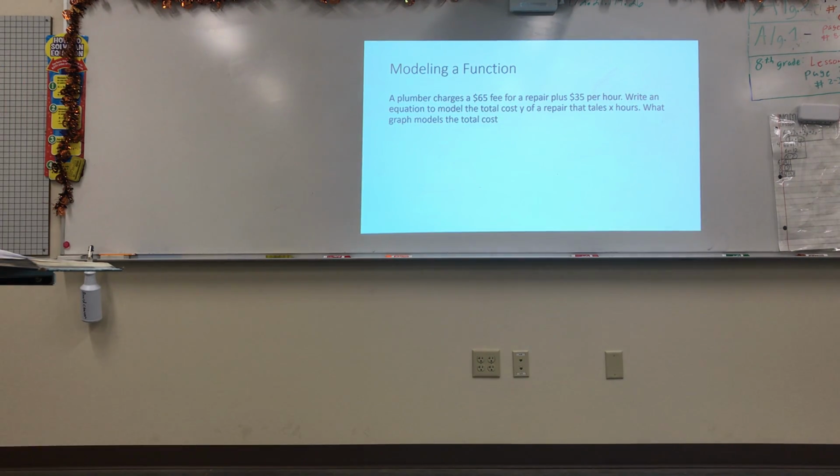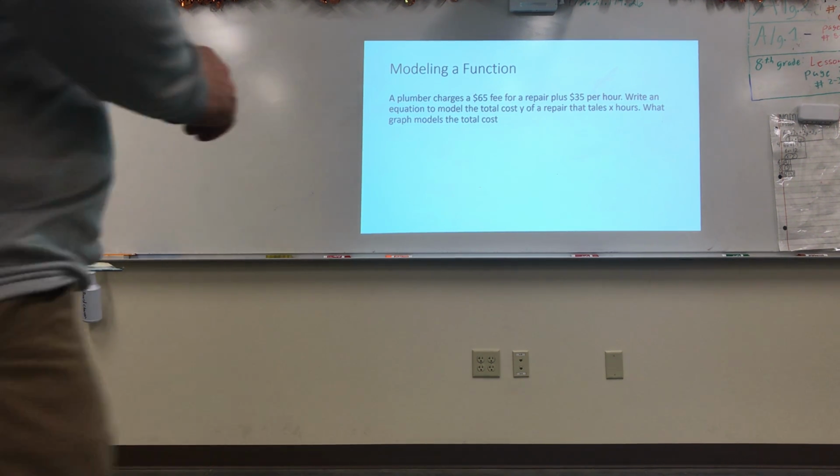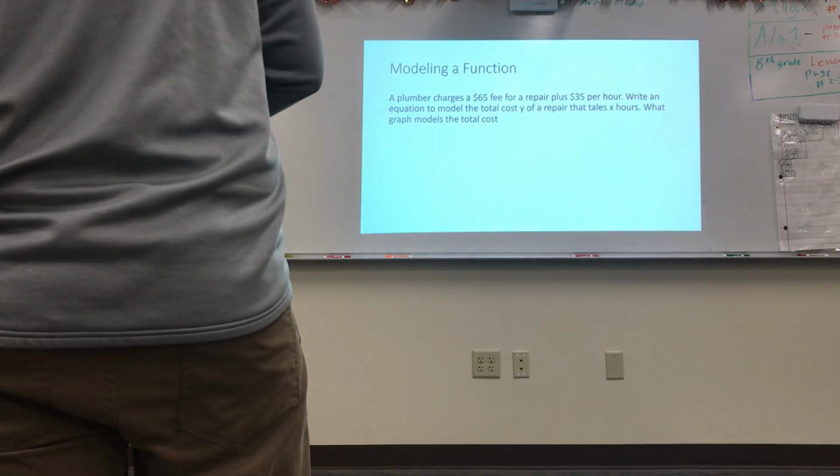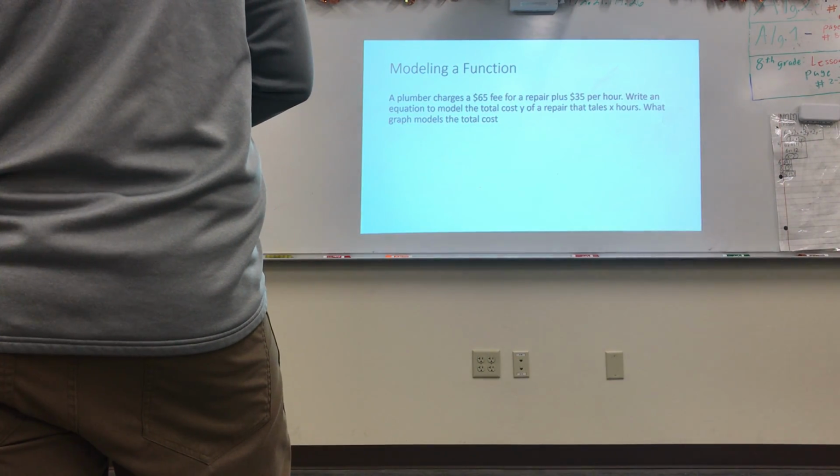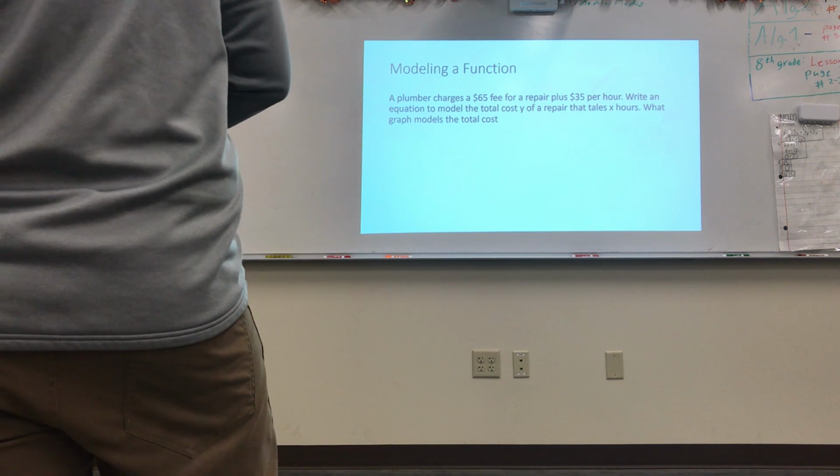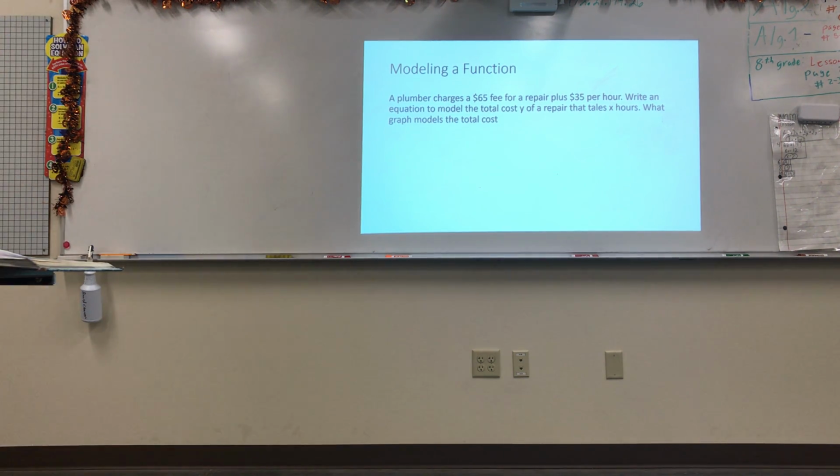A plumber charges a $65 fee for a repair plus $35 per hour. Write an equation to model the total cost y of the repair that takes x hours. What graph models the total cost? So a plumber charges a $65 fee for repair plus $35 per hour, right?